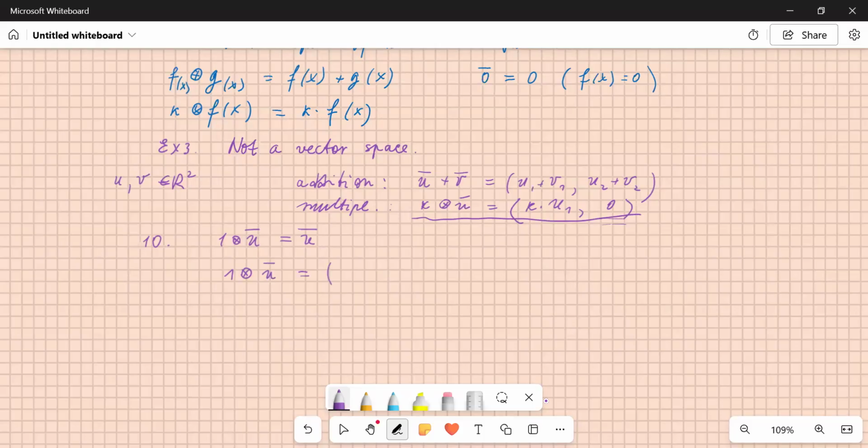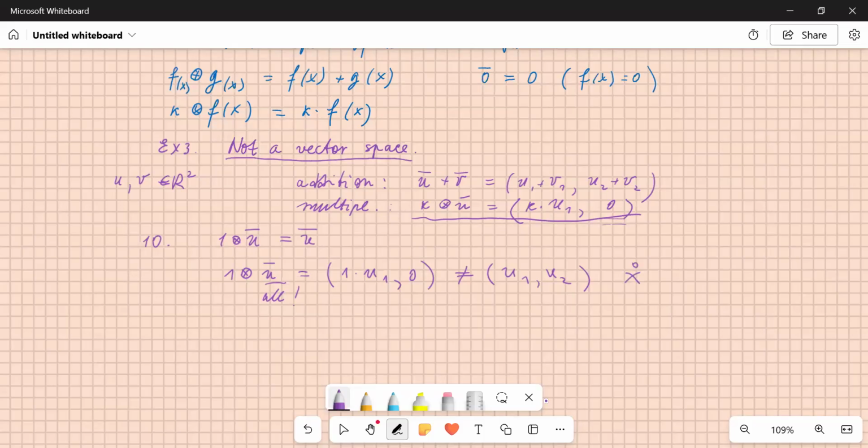It is going to produce 1 times u1 and 0. And you see that it's not equal to vector u, which is actually u1, u2, the components of it. Well, unless it's already 0 here, but not for all of them, right? It's supposed to work for all vectors u. And it's going to work only for those vectors u which have 0 as a second component. You see? So the axiom does not work, so it's not a vector space.